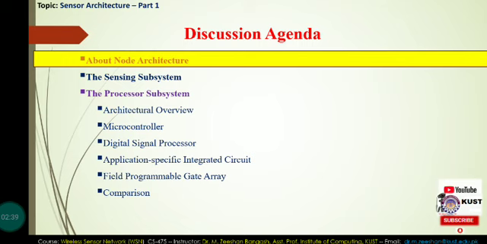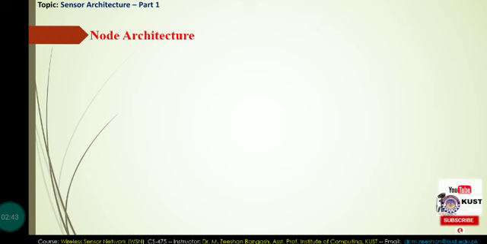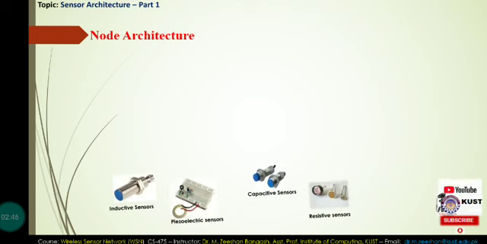Another important thing is that these nodes store and execute the communication protocols and the data processing algorithms, whether it's an inductive sensor, a piezoelectric sensor or a resistive sensor.